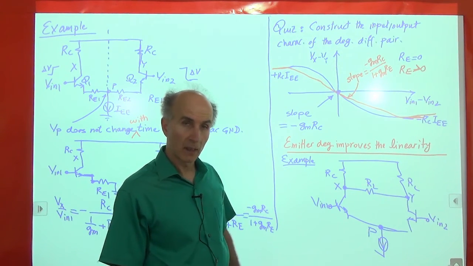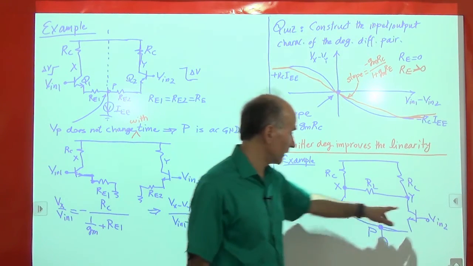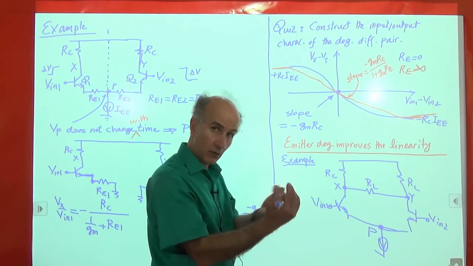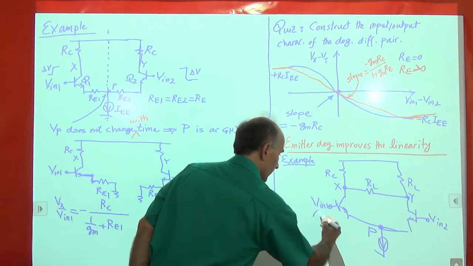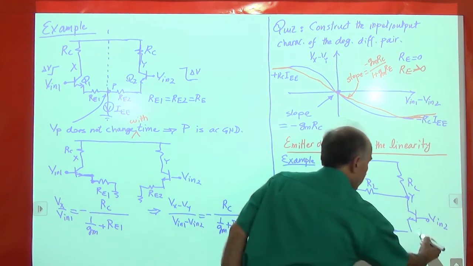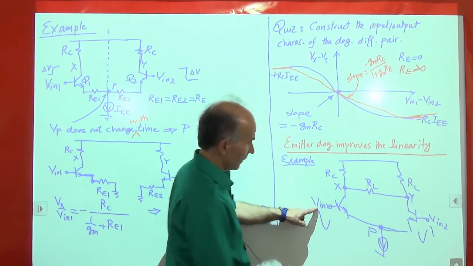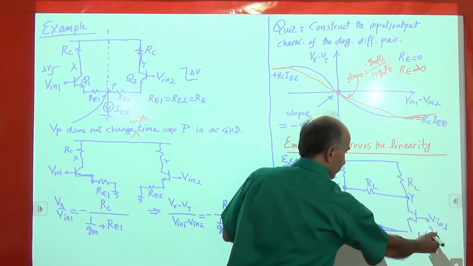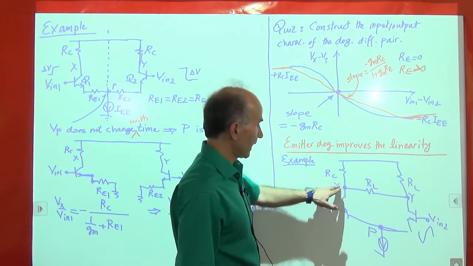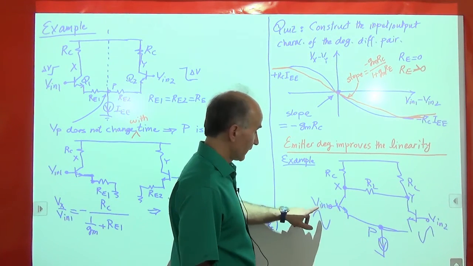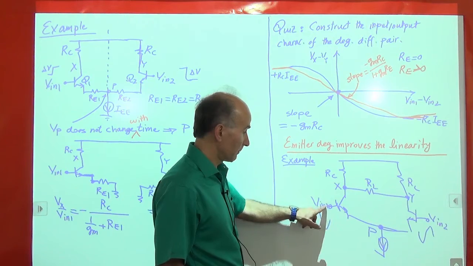Sure, right? So if V in 1 and V in 2 carry differential signals, so something like this, we have something like this here and something like this here, right? So when this goes up, this goes down, and vice versa. Then the same story happens on X and Y. Of course, there is an inversion from this base to this collector.